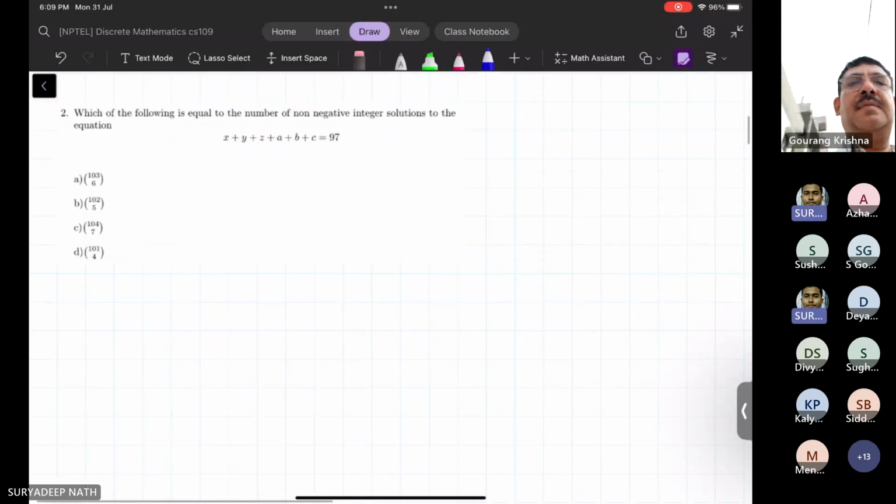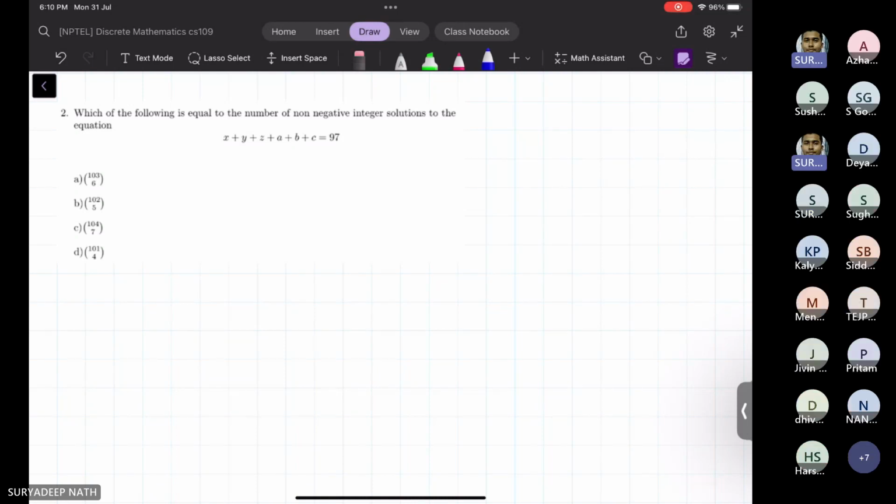The next question is: which of the following is equal to the number of non-negative integer solutions to the equation x plus y plus z plus a plus b plus c is equal to 97. By non-negative integer, we mean 0, 1, 2, and so on. So 0 is also included.